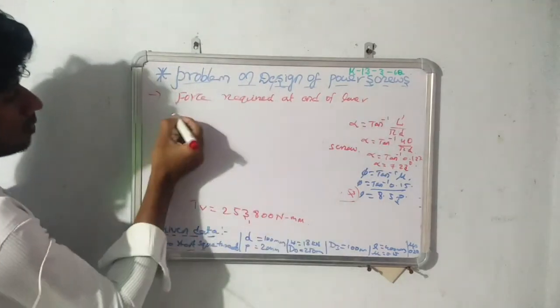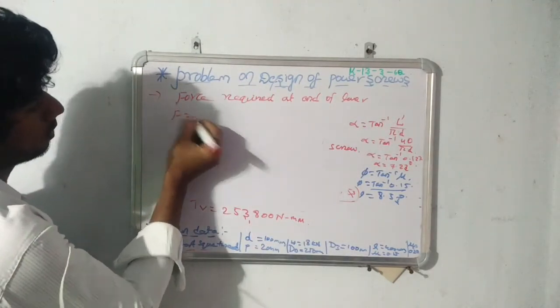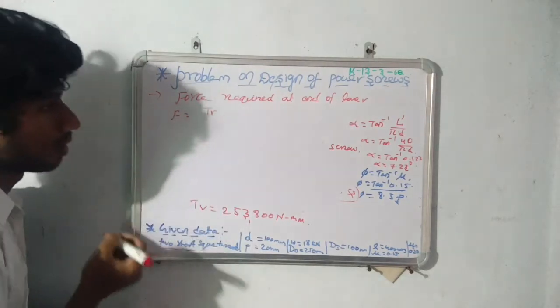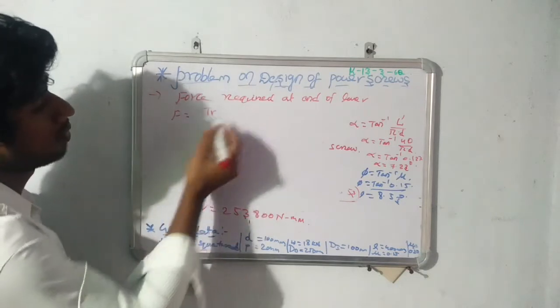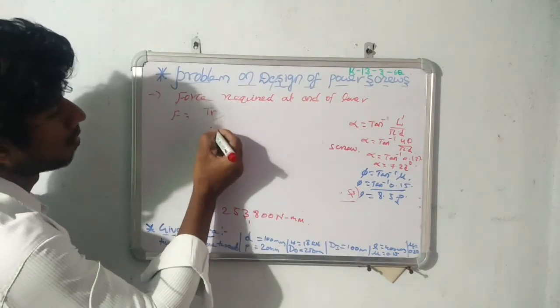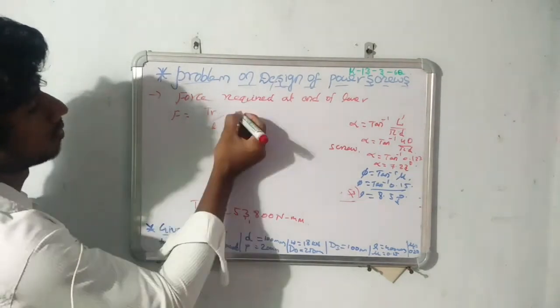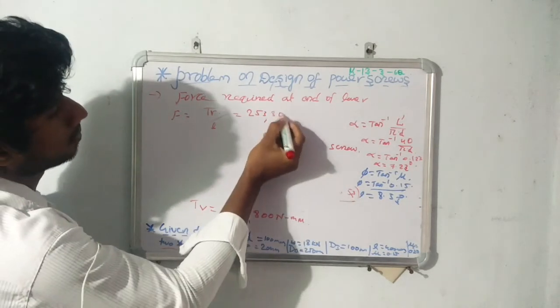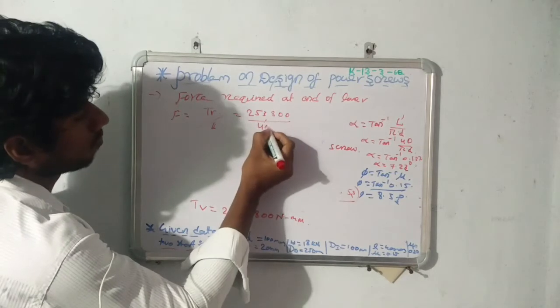The force F equals the torque required at the load in the raised condition divided by the length of the lever, that is 253,800 divided by 400.